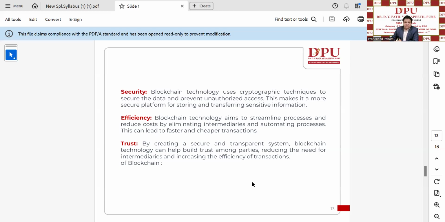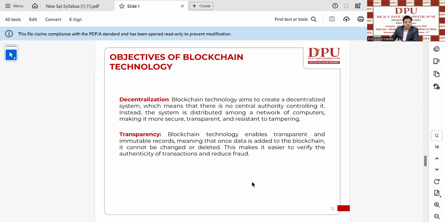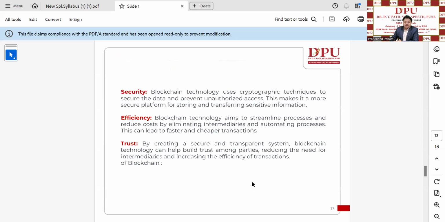So these are the objectives of blockchain technology: to have a decentralized digital database, to have transparency in the transactions, to provide security, to enhance efficiency, and to build trust. So these are the 5 objectives of blockchain technology.